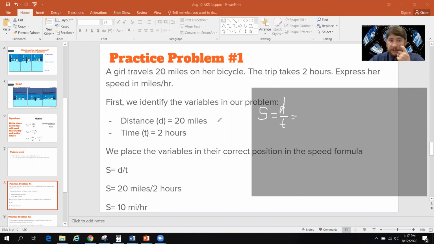We said that the distance was 20 miles. And by the way, just so you know, drawing with a computer mouse pad is not my forte, but I'm going to try and make it work here. And so we're dividing that distance of 20 miles by our time of 2 hours.